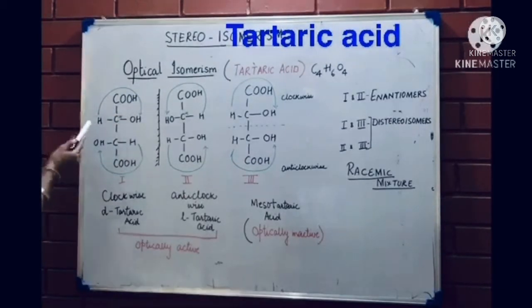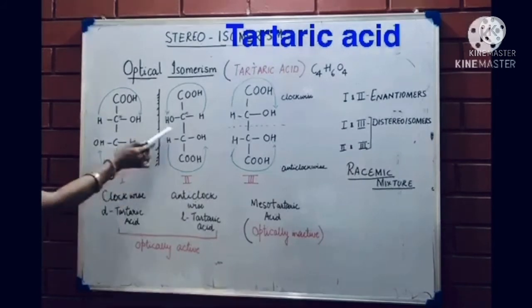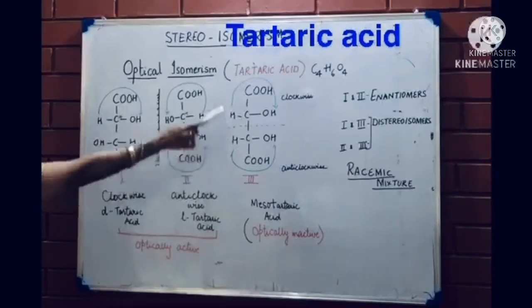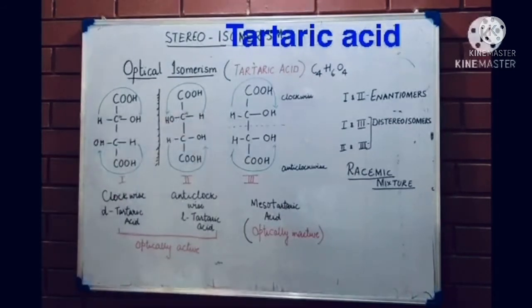So this is what we can do. I can write COOH, H, OH, H, OH, COOH, or I could have turned it OH and H and H and OH, or I could have written both H on the same side and OH on the same side. So we could draw 3 different structures for tartaric acid.